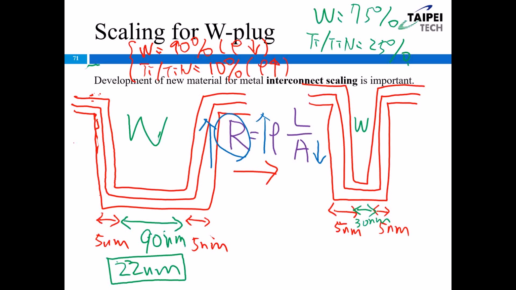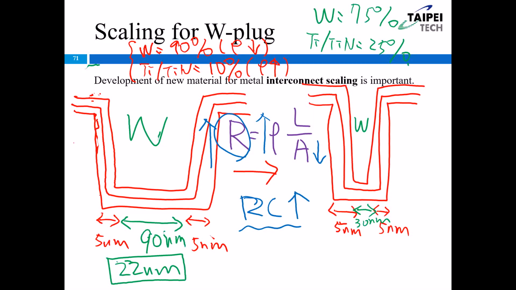Due to the material, the overall material will have a higher resistivity, and the cross-section area will be smaller, so it will result in a higher resistance for nowadays interconnect. So nowadays the interconnect will have a higher RC time delay.